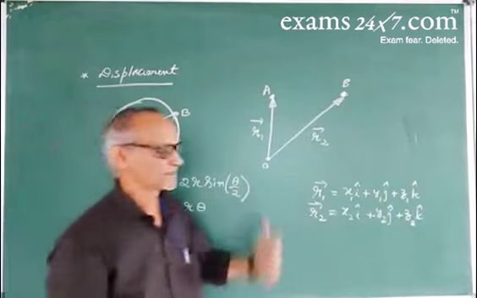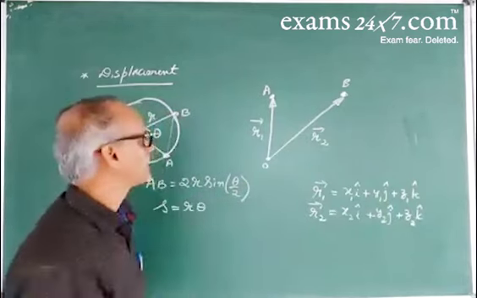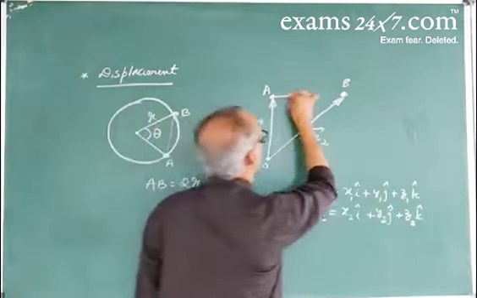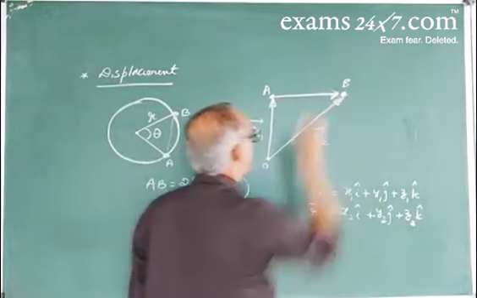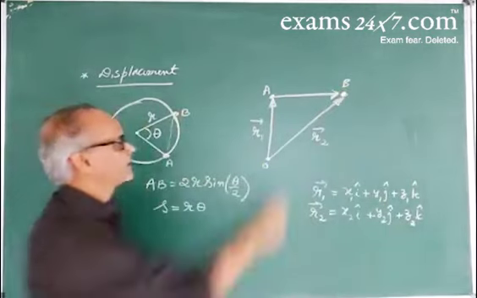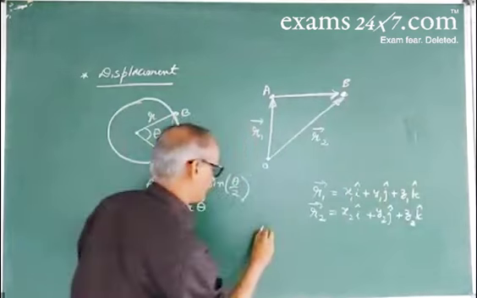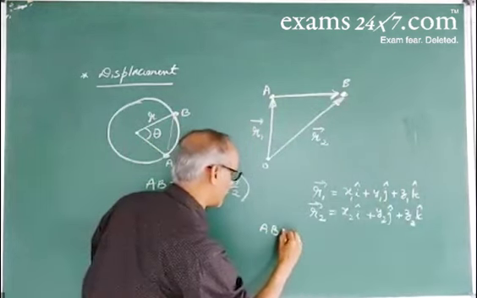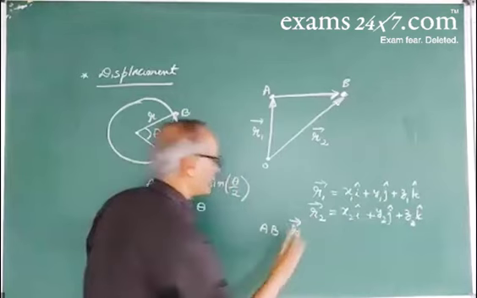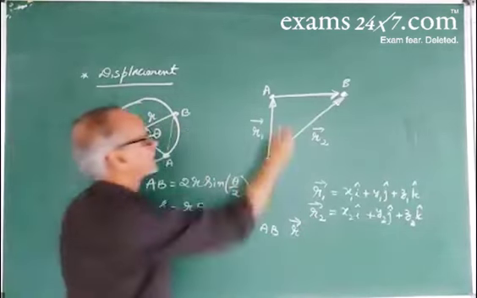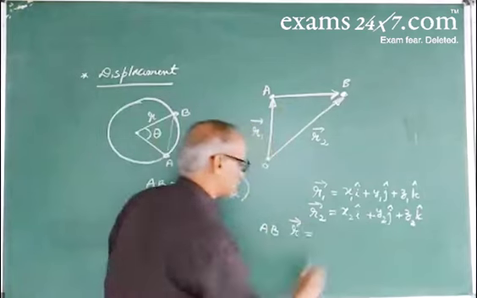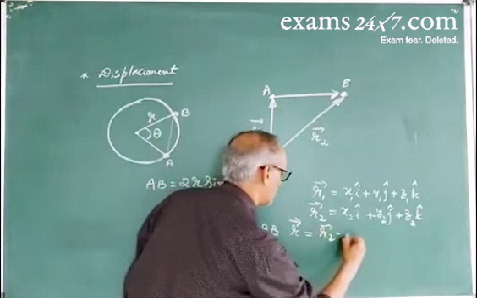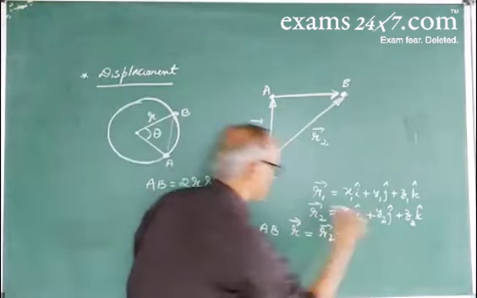So what is the displacement in this case? The displacement is from A to B. And that displacement from A to B is given by vector r. And that vector r is equal to r2 minus r1.